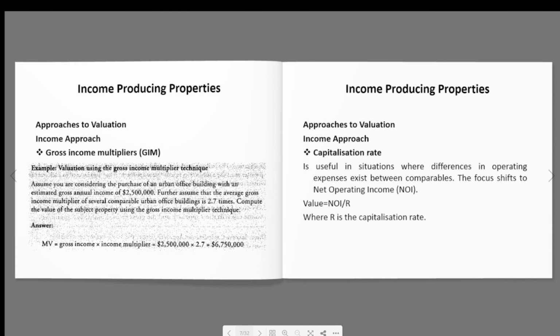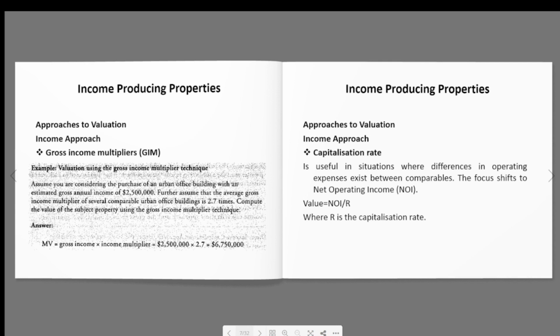Let's look at a practical example of application of the gross income multipliers. Assume you are considering the purchase of an urban office building with an estimated gross annual income of 2.5 million. Further, assume that the average gross income multiplier of several comparable urban office buildings is 2.7 times.